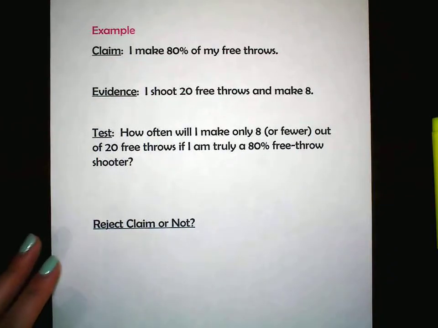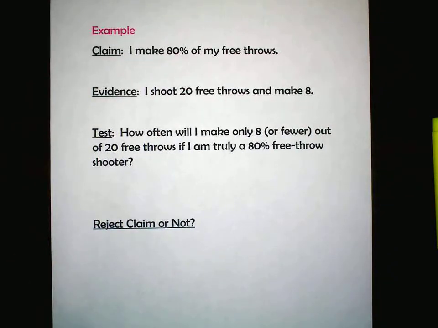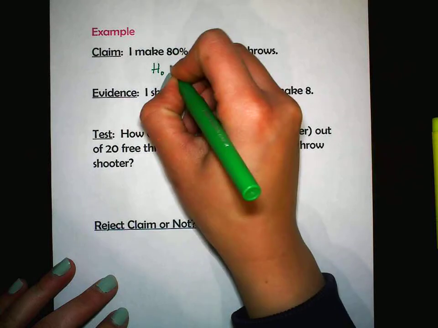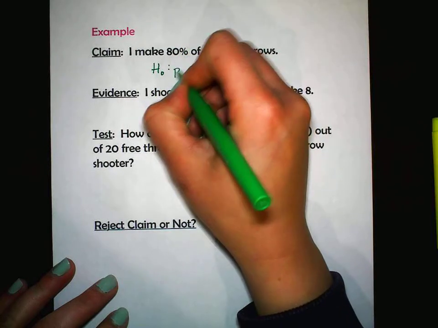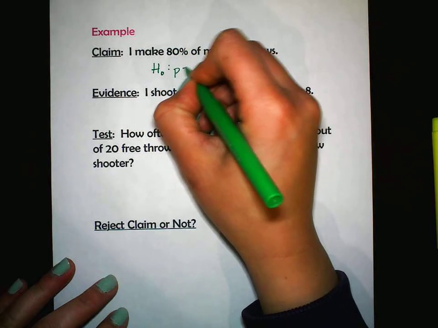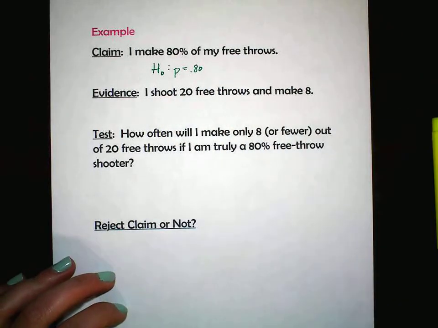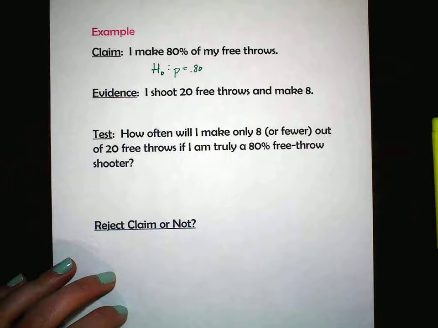So here's an example. I make 80% of my free throws. One thing that we can go ahead and write down is our null hypothesis: the percentage that I'm going to make is 0.80. Okay, so that's my null hypothesis. The evidence that we have: I went and shot 20 free throws, and I only made 8.